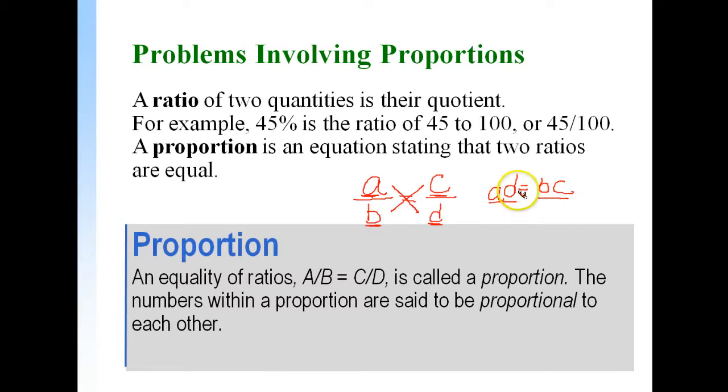And we say in mathematics, the product of the extremes equals the product of the means. And that's one of the proportional things. So if you know these two numbers and this number, you just divide both sides by D here, and A equals that. Okay, but let's see something in action here.